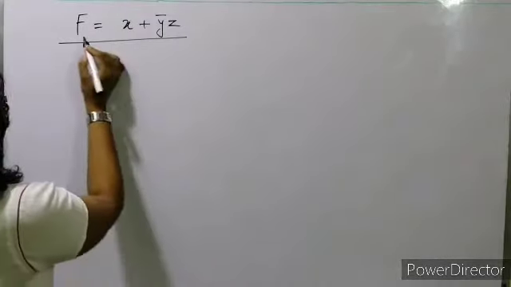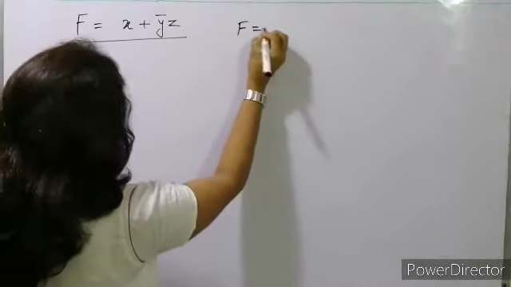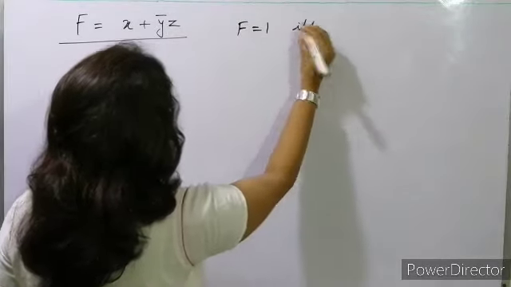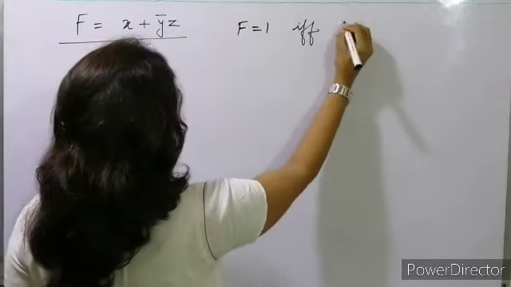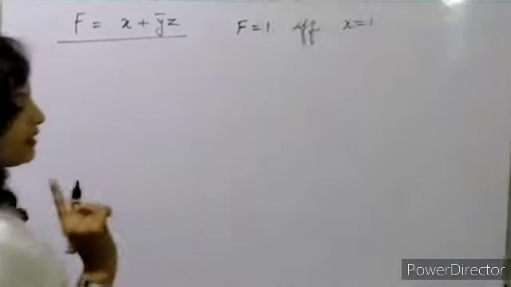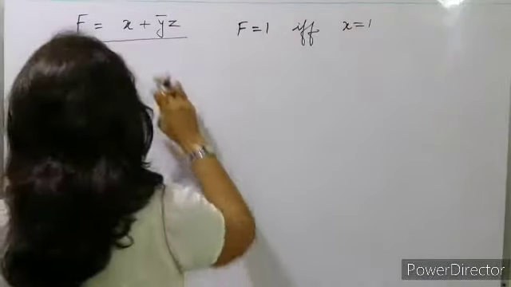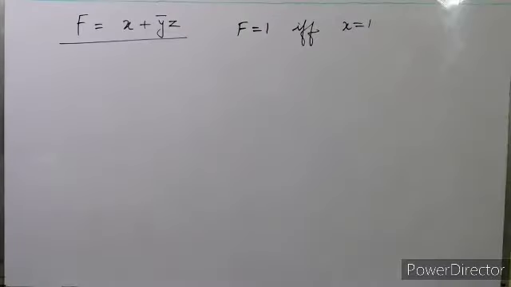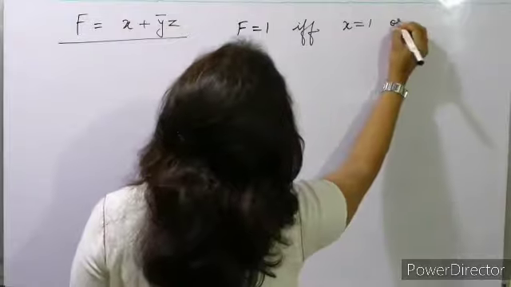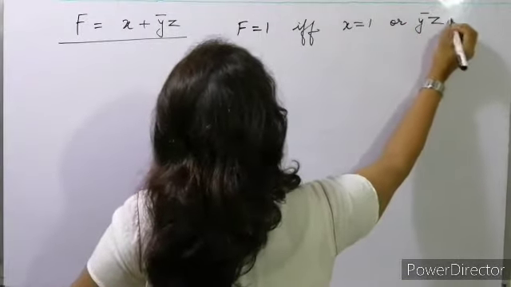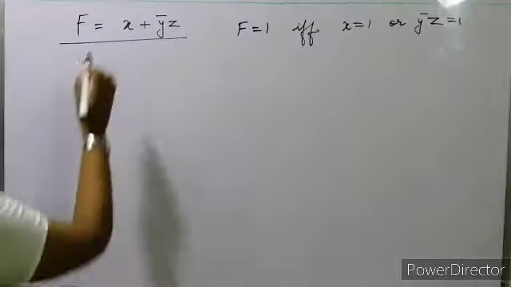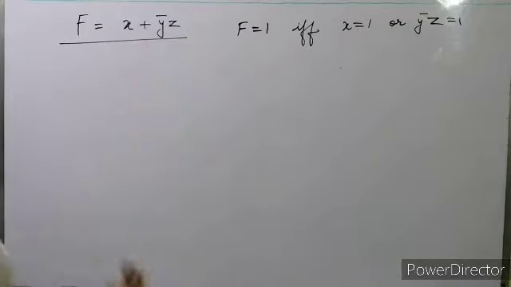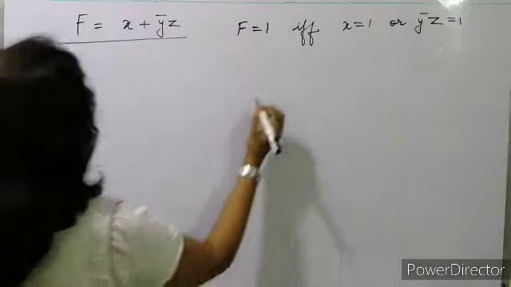So first of all, f will be equal to 1 if and only if x is equal to 1 or y bar z is equal to 1, ठीक है, मतलब या तो x 1 हो या फिर y bar z 1 होगा, then only f का value 1 होगा, okay. So now we'll draw the diagram, okay.